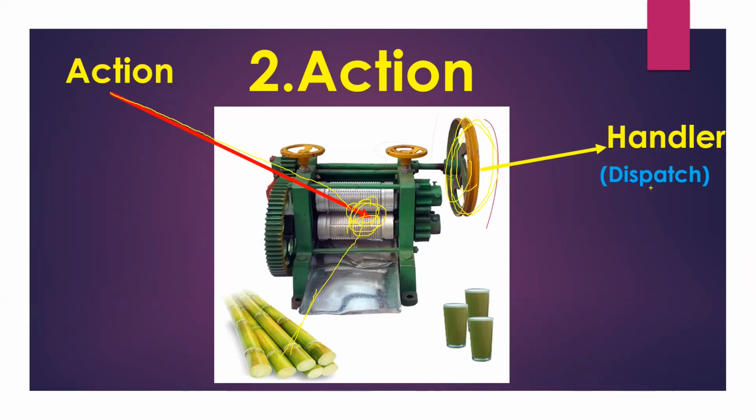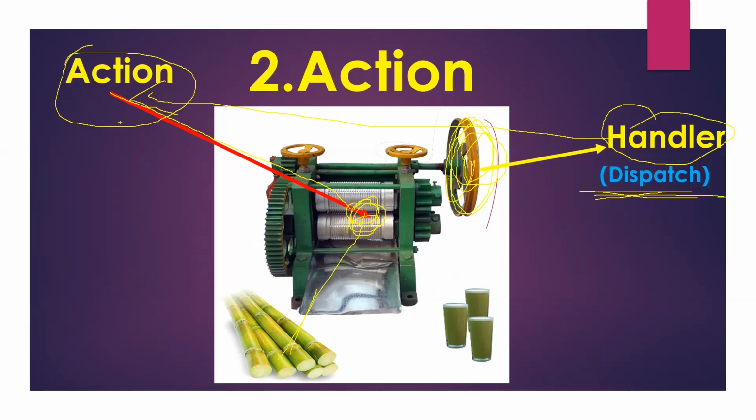So this handler is the dispatch method. Okay, this handler helps the actions to perform. That means an action single-handedly cannot do anything. It requires the handler. It requires the dispatch method to perform the task.